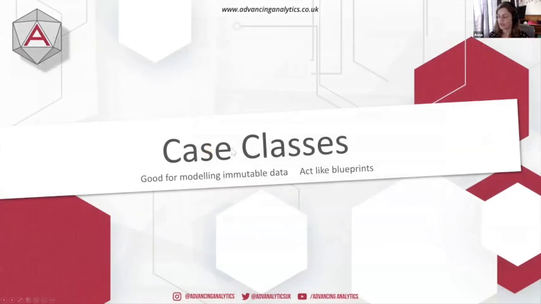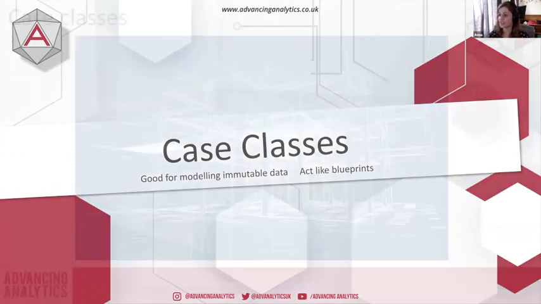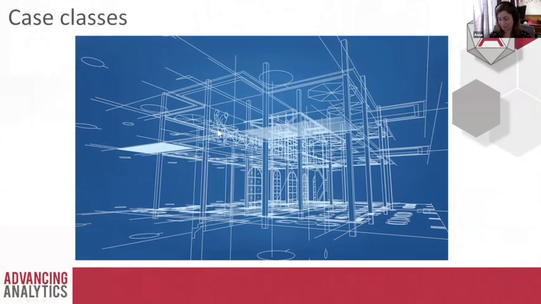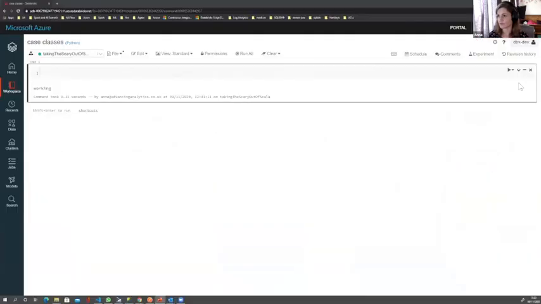First things first, case classes. Case classes are good for modeling immutable data, and they act like blueprints. They are your models, the blueprints of your data. So without further ado, let's get into some coding.